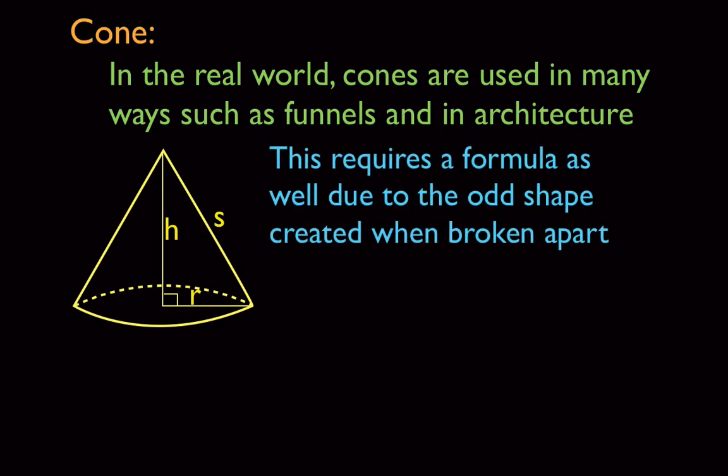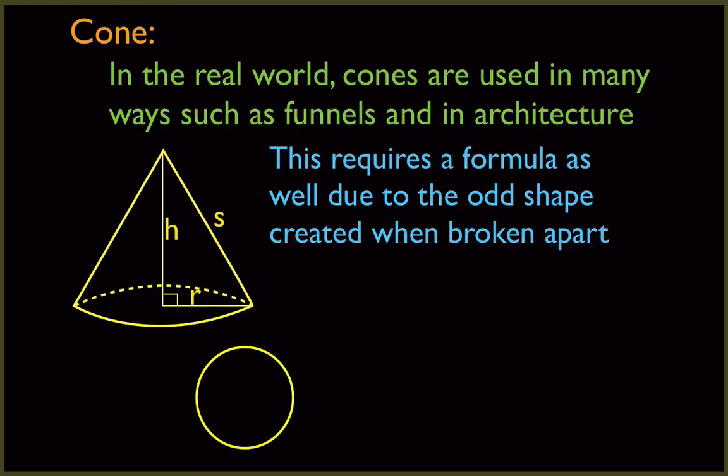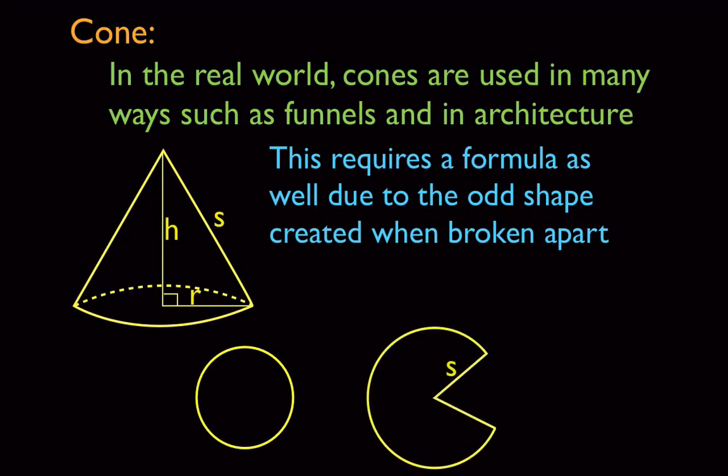Again, we're going to use a formula, but I want you to be able to tell me where the pieces come from. So, first of all, we have a circle. That circle represents the bottom, right there. Okay, so when we talk about that, that's going to be normal circle area, which is pi r squared. We also have this sort of odd shape here. It looks like a Pac-Man, right?